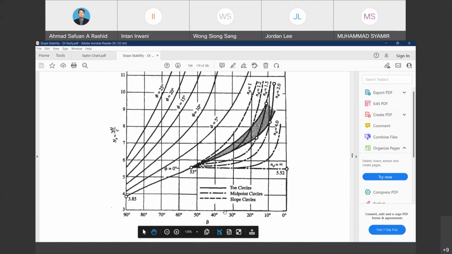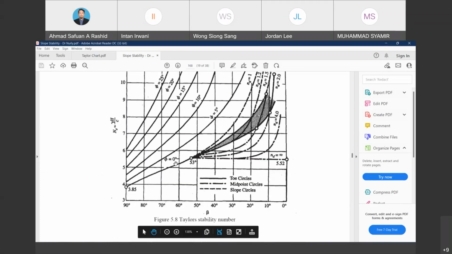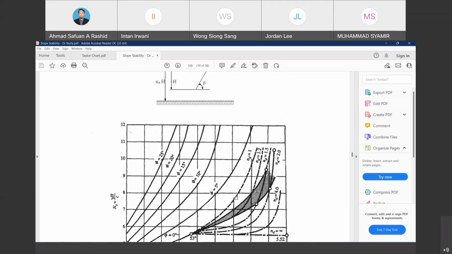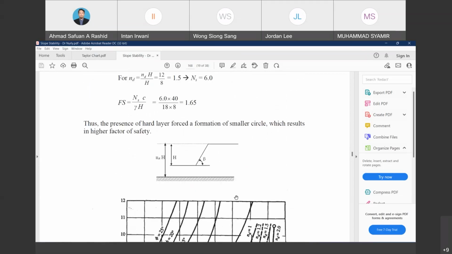Because in this case phi is equal to 0, we need to determine the ND value. The ND value is the ratio between the height from the toe to the hard stratum and the height of the slope.